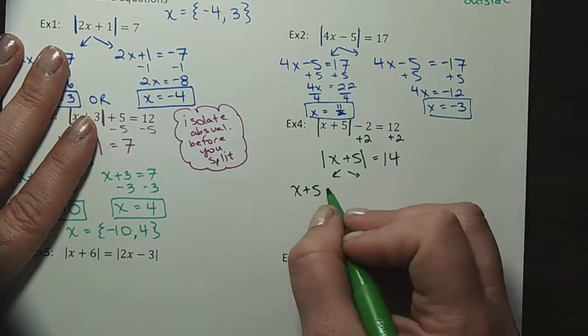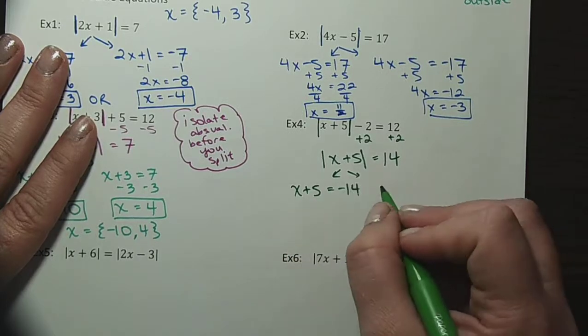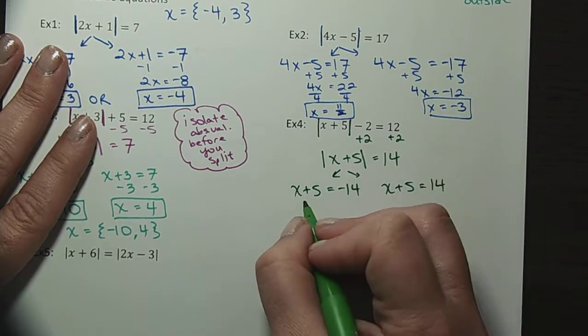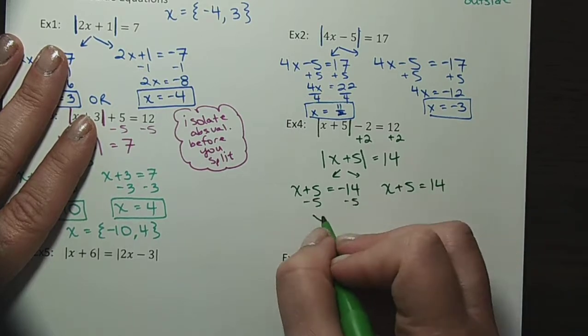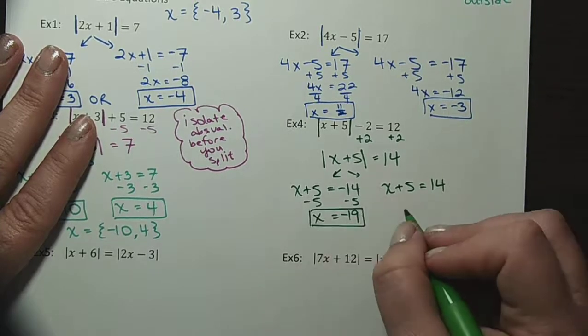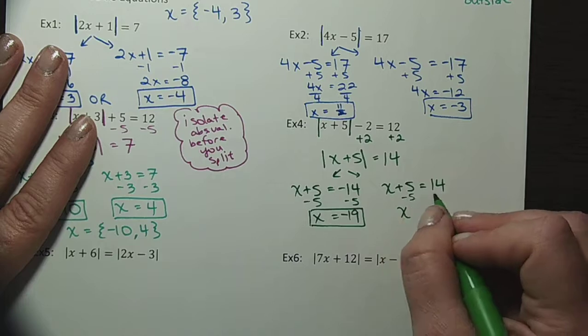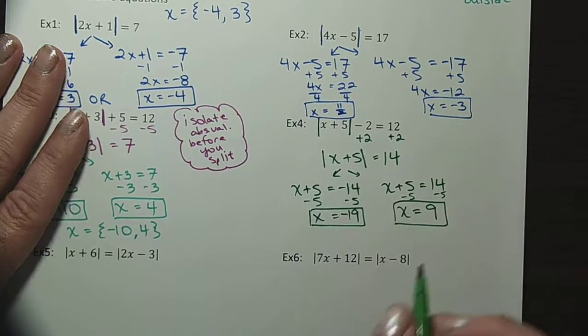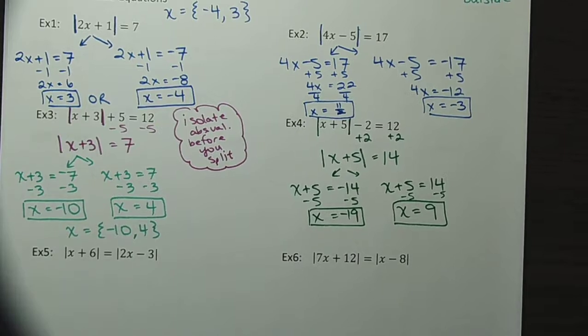So x plus 5 equals negative 14, or x plus 5 equals positive 14. Move that 5. X equals negative 19. Or move the 5. X equals positive 9. So 2 answers, one for the negative possibility, one for the positive possibility.